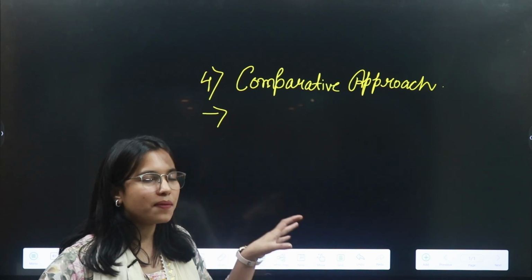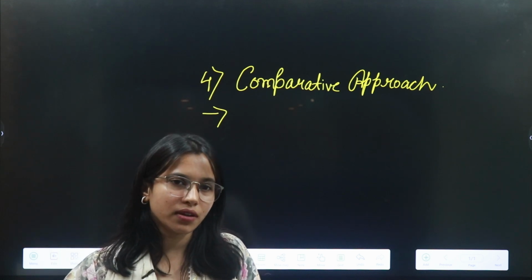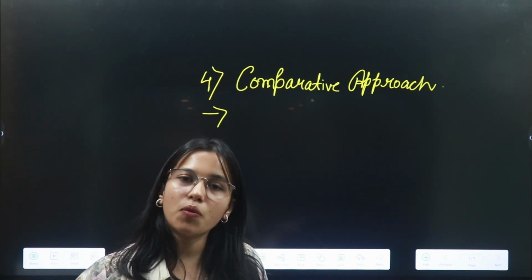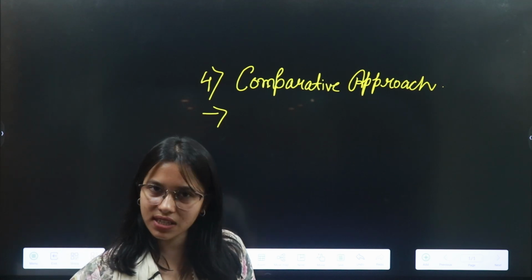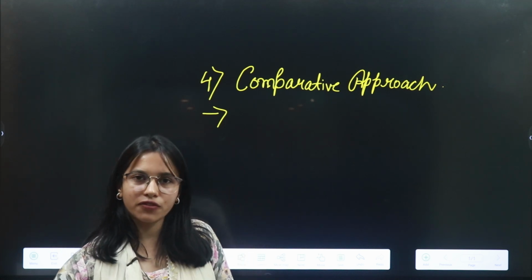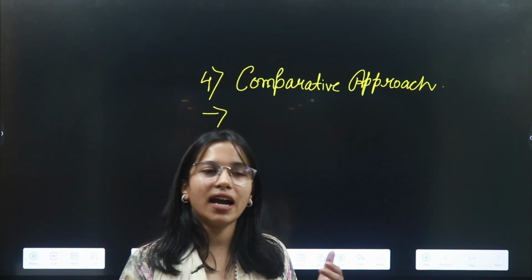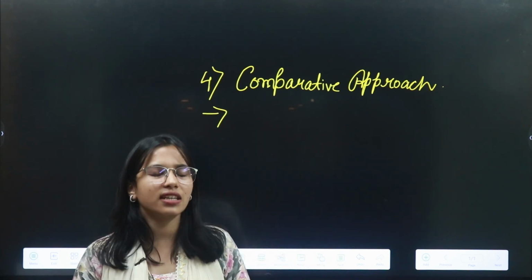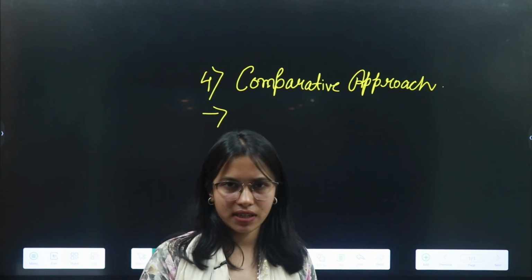We compare all of them and then we try to come to a conclusion by taking insights from all the set of events. Basically we are trying to solve the problem or the issue of today by comparing the ideologies existing in our society and the events that have already happened in the past.